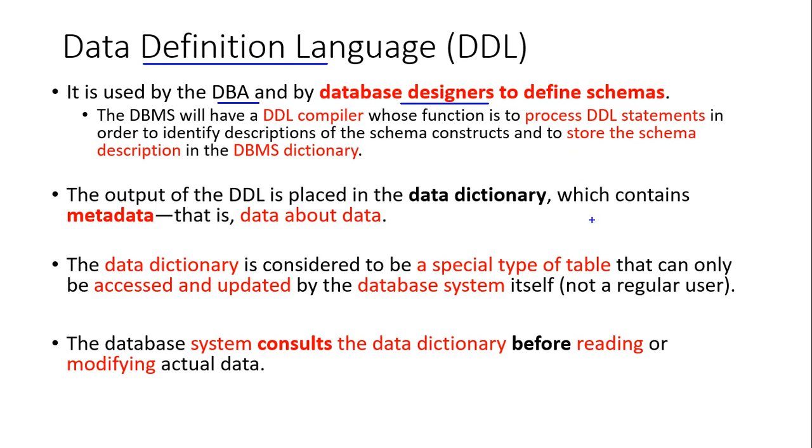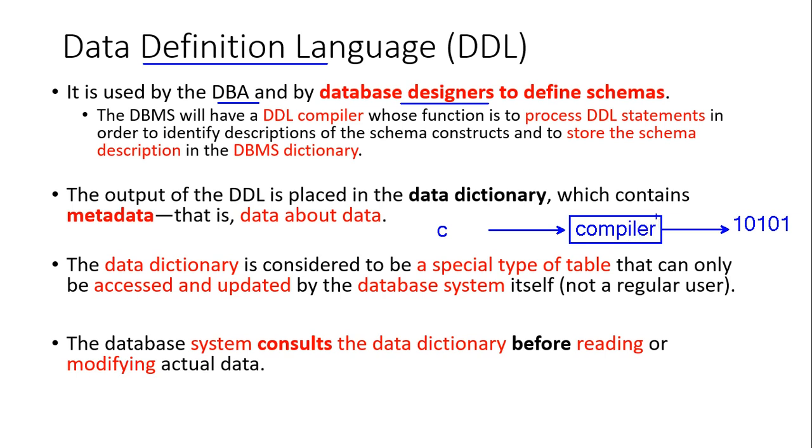Now, I hope everybody is familiar with the idea of a compiler. I don't know whether you are familiar with it. You wrote a program in C or C++. This program was converted into machine language, which is binary. It happened because there is something called a compiler.